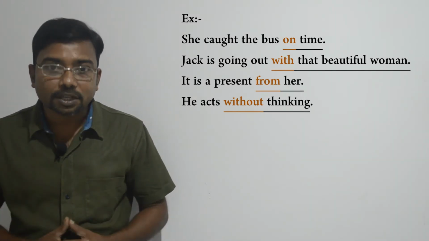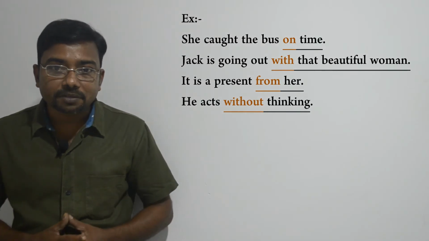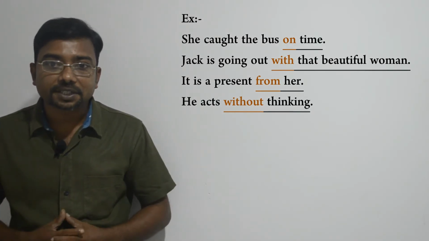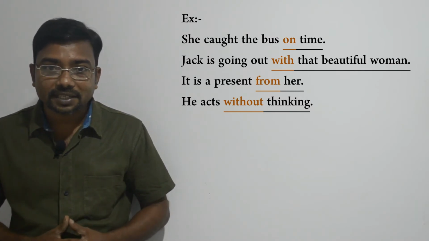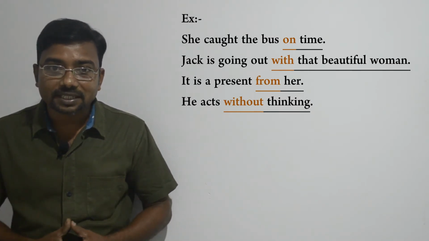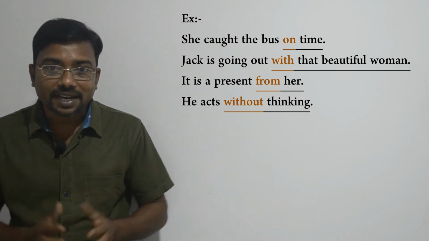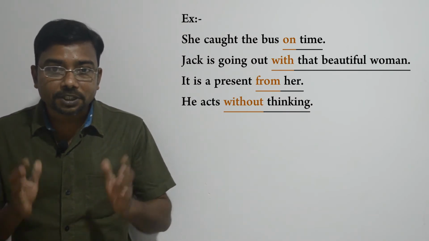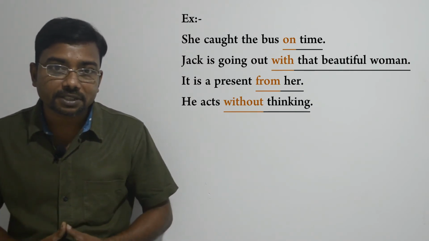And we use the words that and beautiful as adjectives to modify the object of the preposition. So that and beautiful are modifiers, and they act as adjectives. So this prepositional phrase provides some extra information about the sentence.